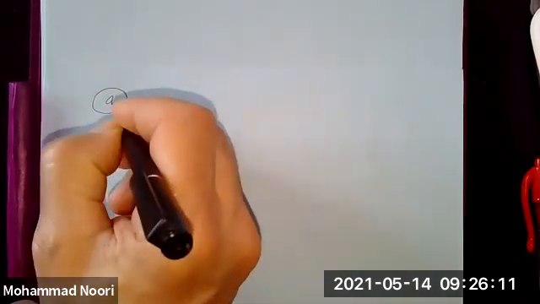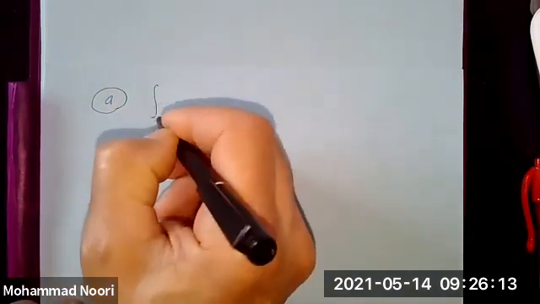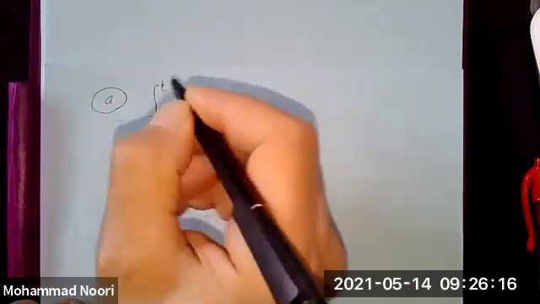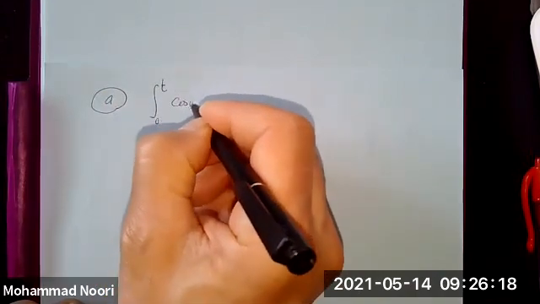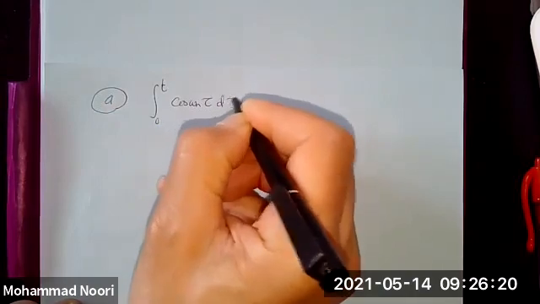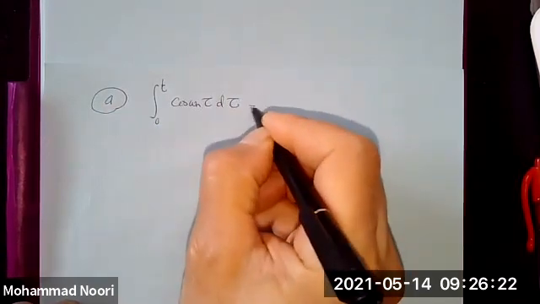Let's evaluate A. A is this integral from 0 to t of cosine omega n tau d tau, which is easy.